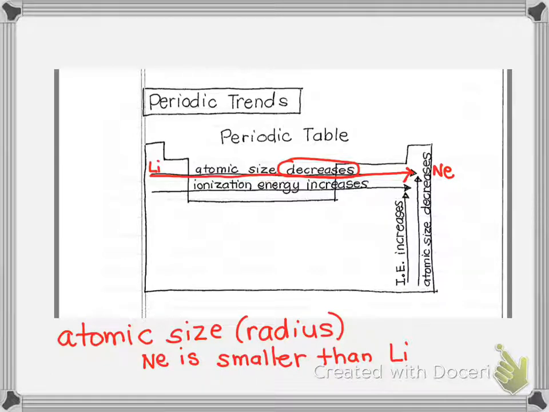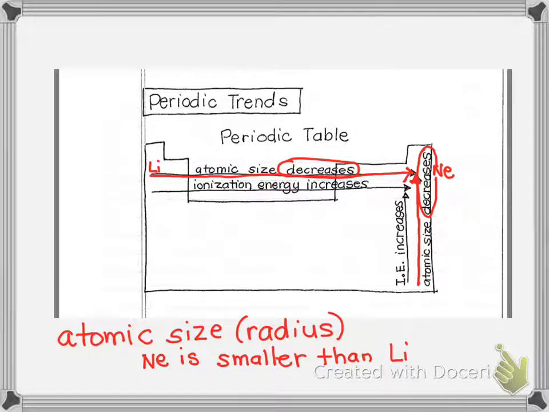Now, since I did left to right decreases, when I go in a column or a group, I'm also going to do decreases, because that's just my personality. So we see that the size in general decreases as I go from the bottom to the top.